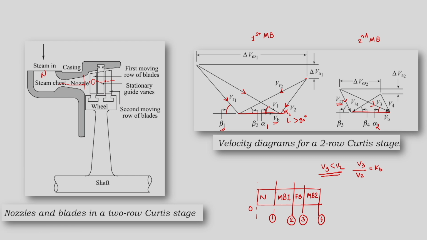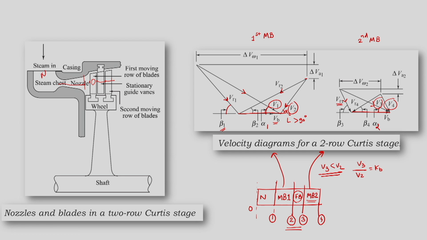Here is the velocity diagram for the first set of moving blades, and for the second set of moving blades. For the first set of moving blades, entry velocity is V1 and exit velocity is V2. For the second set of moving blades, entry velocity is V3 and exit velocity is V4, since the change from 2 to 3 happens in the fixed set of blades.